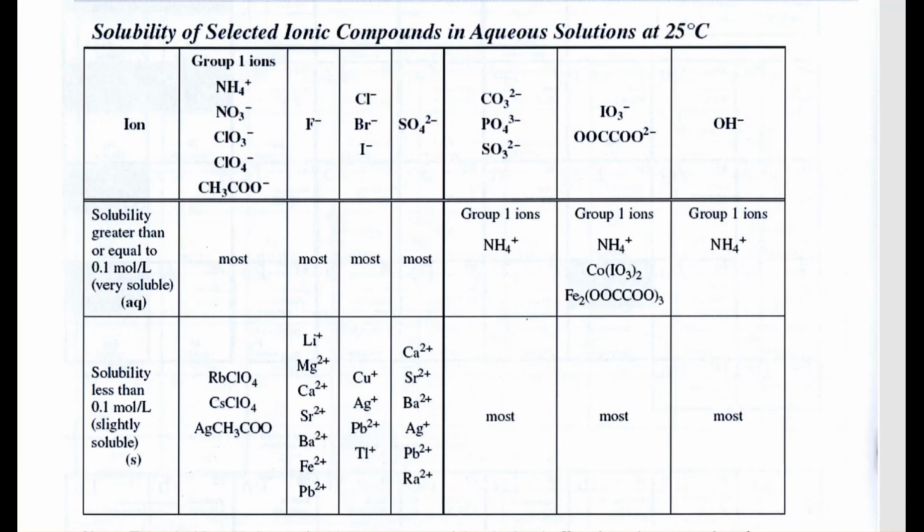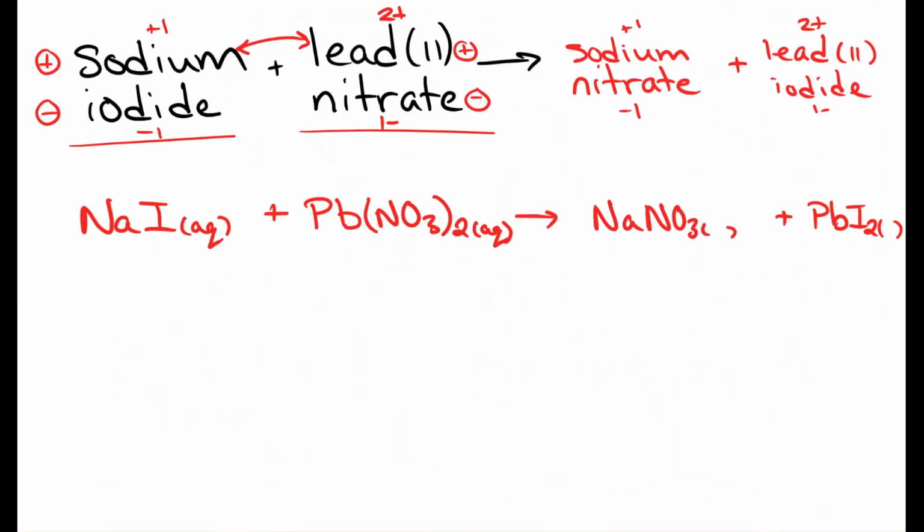But let's look for nitrate, NO3-. NO3- is here. Do you see sodium nitrate down here? I don't. So it's not solid. It's not going to form a precipitate. The yellow precipitate that we saw was not sodium iodide, because that combination of sodium and iodide is soluble. So this combination is aqueous.